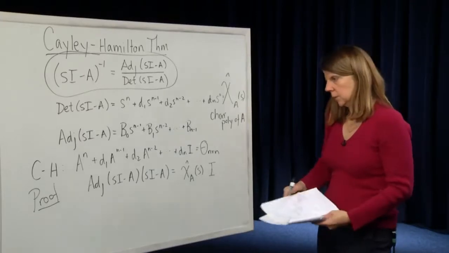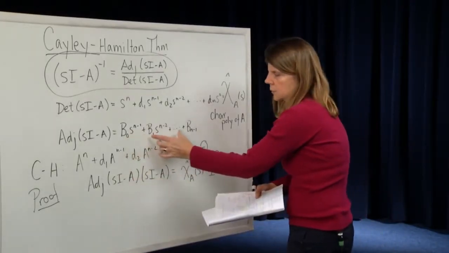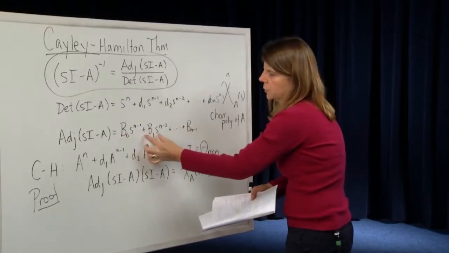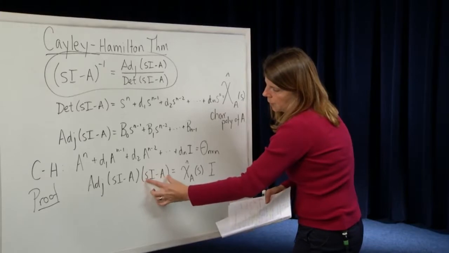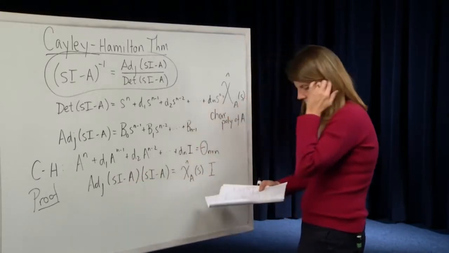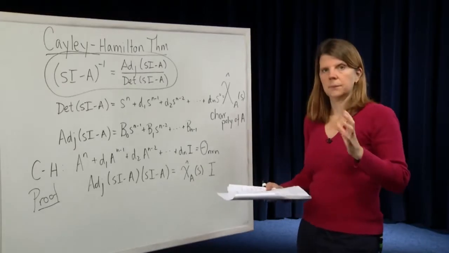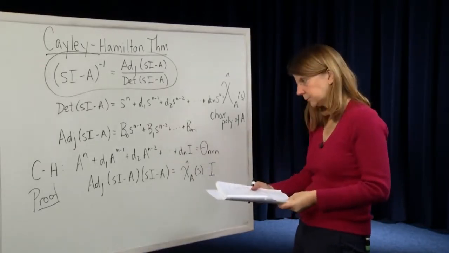Okay, so I've just rewritten this equation here. And so now I can multiply this out. So I've got this n minus first order polynomial where the coefficients are matrices, and I'm multiplying it by this first order polynomial, sI minus A. So I can multiply that out, and then I can relate term by term. So I'm going to relate equal powers of s together.